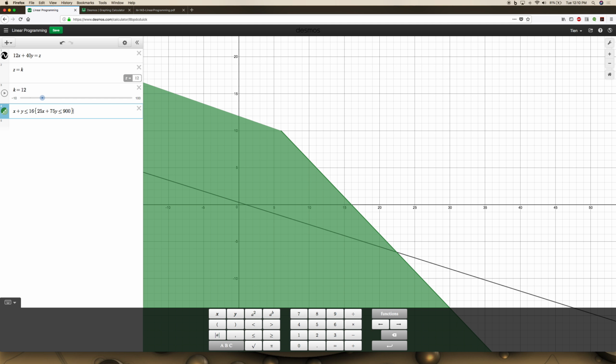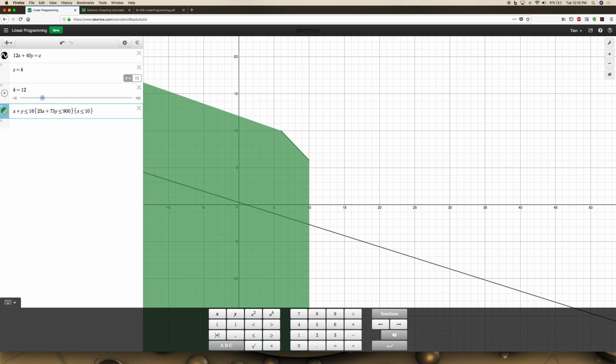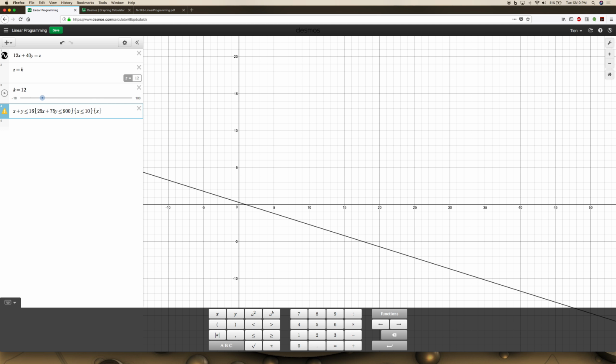All right. We know that x has to be less than or equal to 10, and we know x is greater than or equal to 0. Y is also greater than or equal to 0. And so that's the shape of our region.